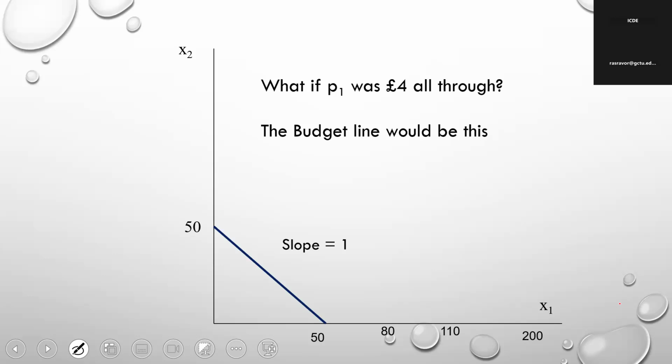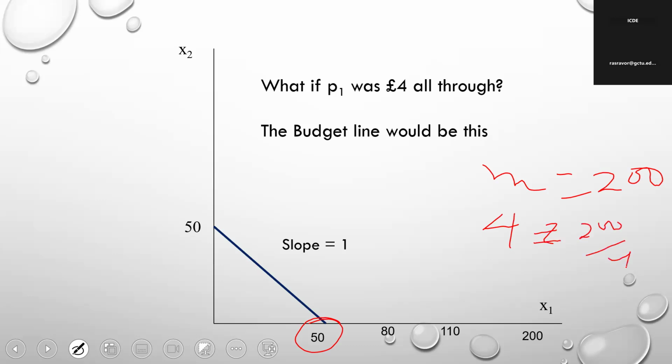Here, for example, if you are here, it means X2 is 0. It means you devote all your income in buying X1. Remember, your income is 200. If the price is 4, then it is 200 divided by 4, which is 50.